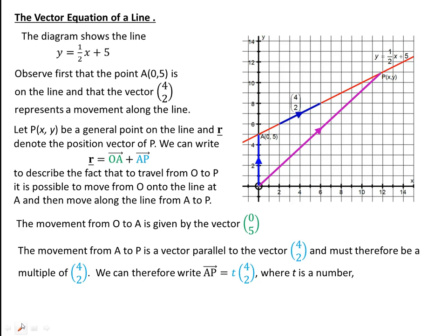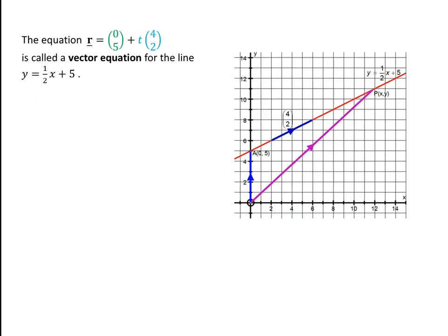So the movement from O to P, that is little r, is equal to OA plus AP, so that is (0, 5) plus t times (4, 2). And this is our vector equation for the line y = ½x + 5.